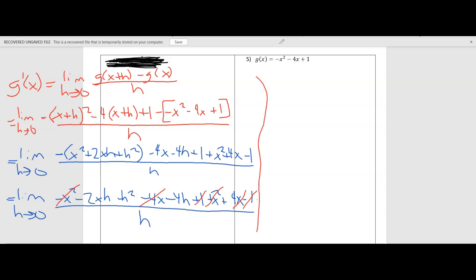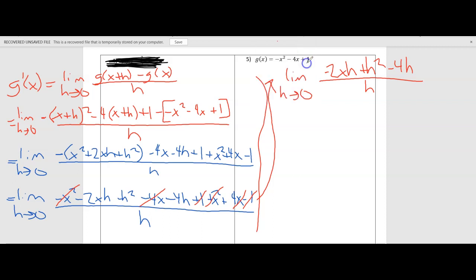So let's come up here. I'm going to have the limit as h approaches 0 of negative 2xh plus h squared minus 4h all over h. Now, again, our goal here is to eliminate the h's by factoring and simplifying.